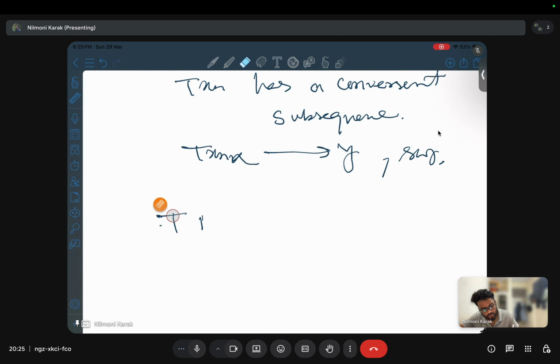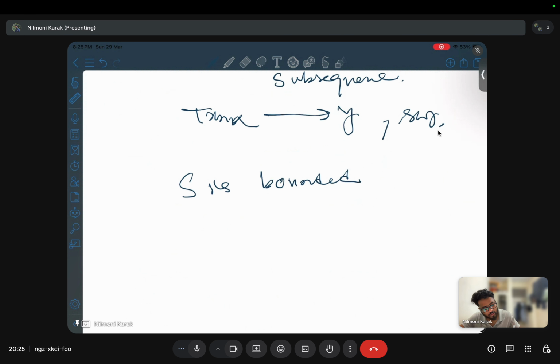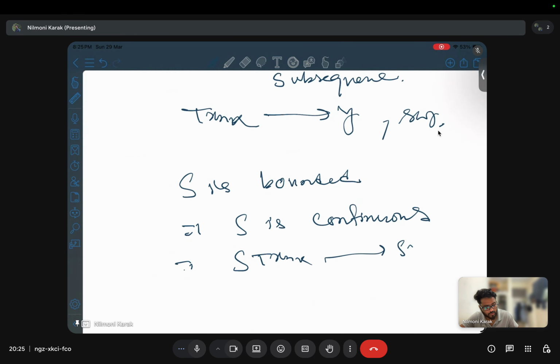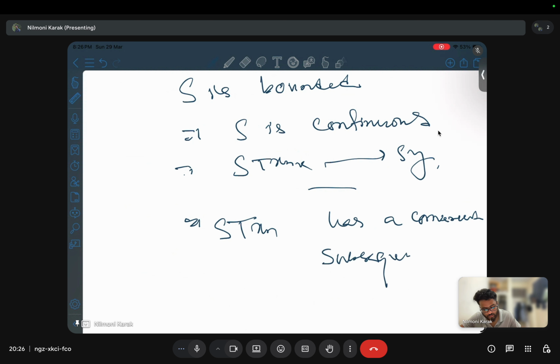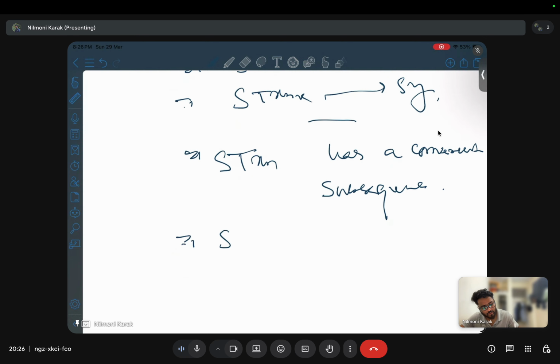Now S is bounded, so S is continuous. So STxnk converges to SY, and this implies xn has a convergent image subsequence, so ST is compact.